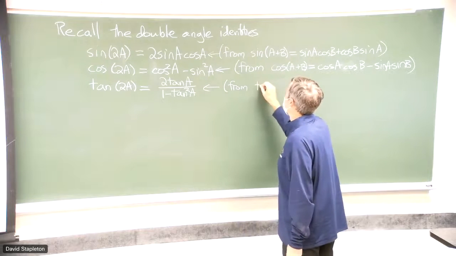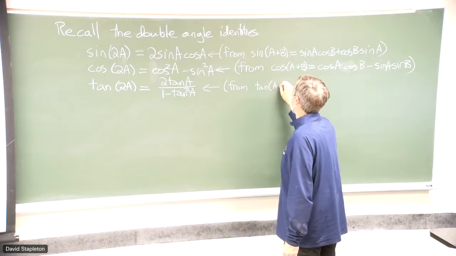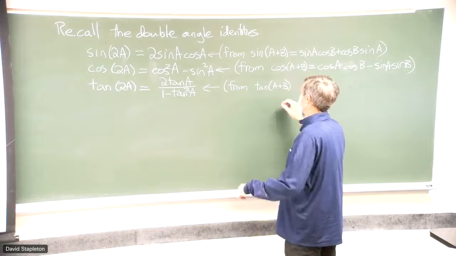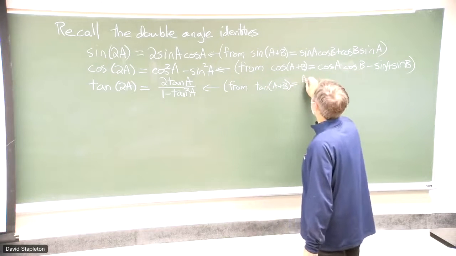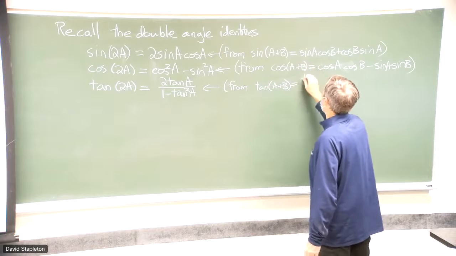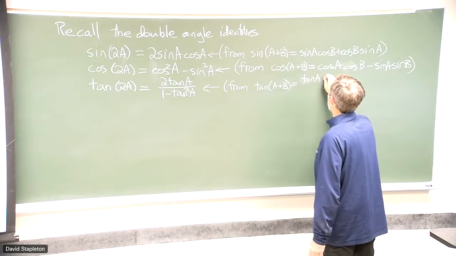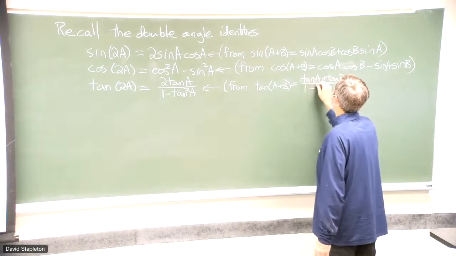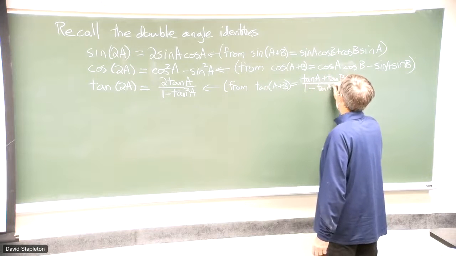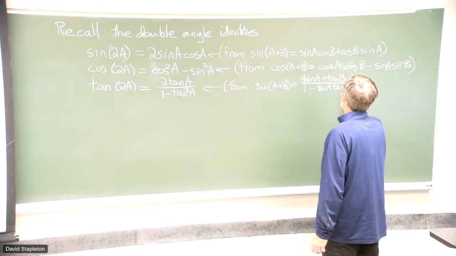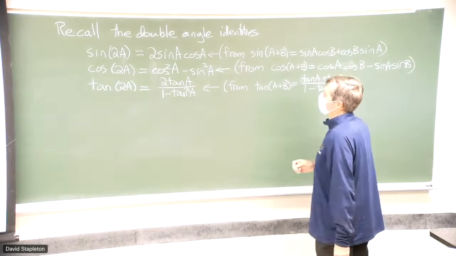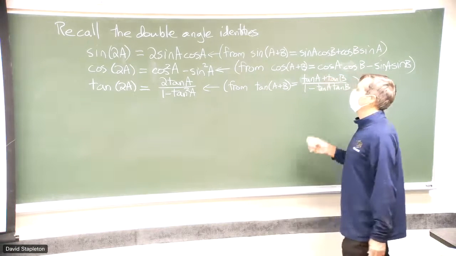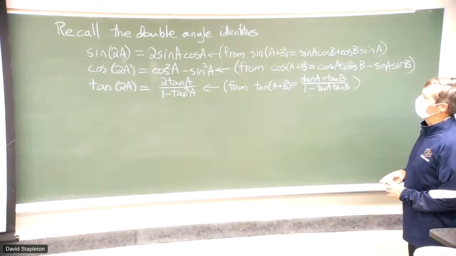Tangent of the sum of two angles, right? Tangent A plus B, which was this section we just finished, is tangent plus tangent over 1 minus tangent times tangent. This one I have more trouble remembering because I didn't use it as often. Tangent plus tangent over 1 minus tangent tangent.